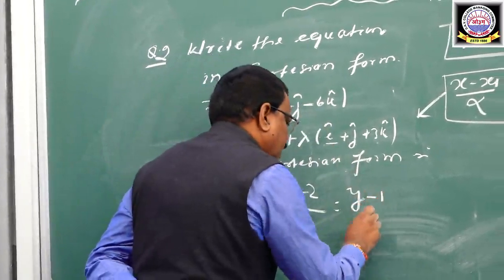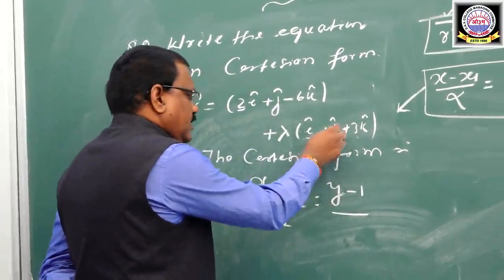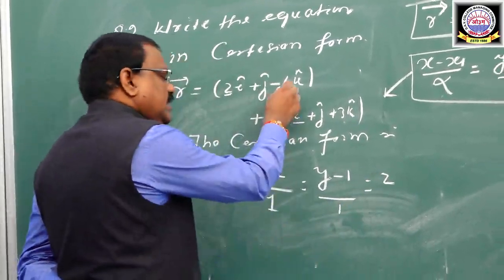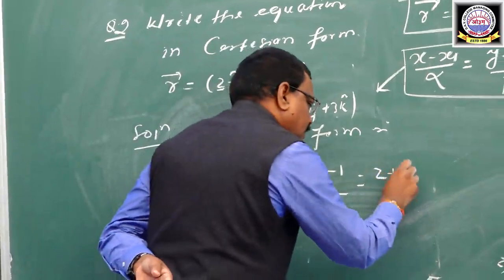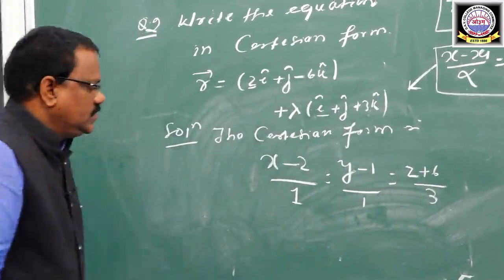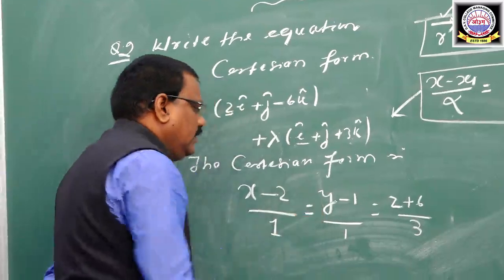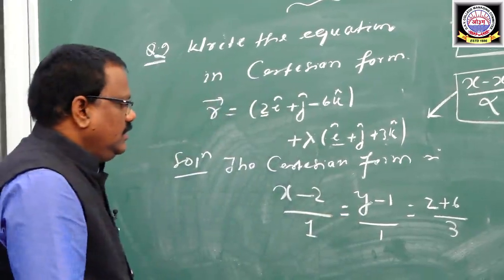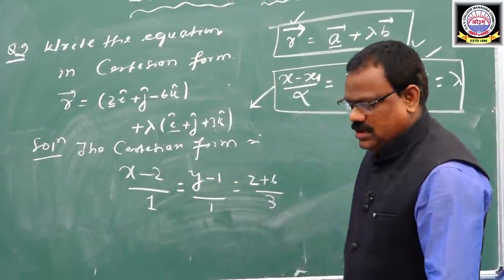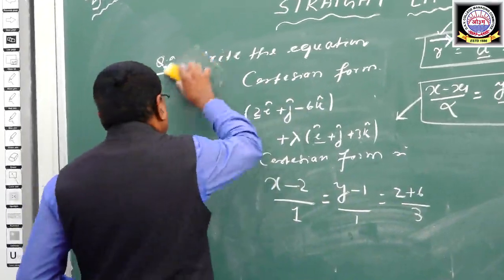So y minus 1 by beta, means here 1, z minus z1 is minus 6, so z plus 6 by 3. x minus 2 by 1 is equal to y minus 1 by 1 is equal to z plus 6 by 3. This is the vector equation to the Cartesian form. Now we will see Cartesian to vector. Take another example.